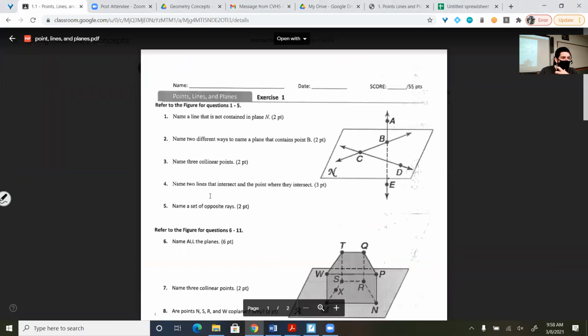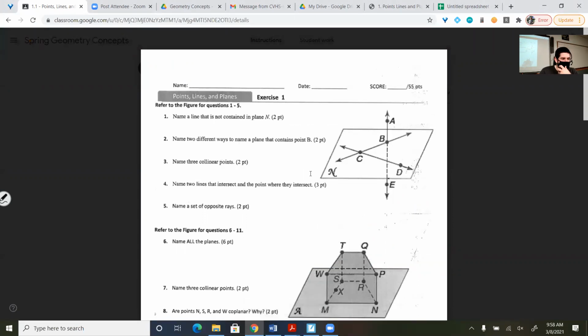And I want to talk about just the first 3 problems, because we haven't talked about intersection yet, and we also haven't talked about what an opposite ray is. In fact, I don't think ray is in this section, so we're probably going to skip that one.